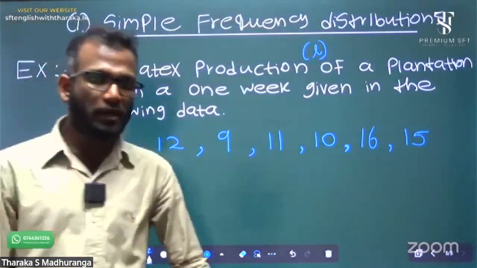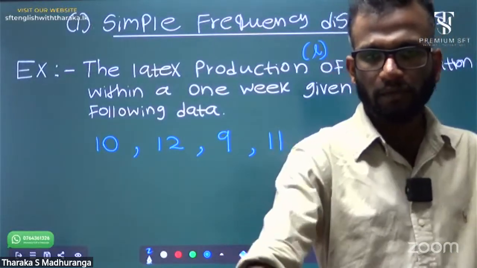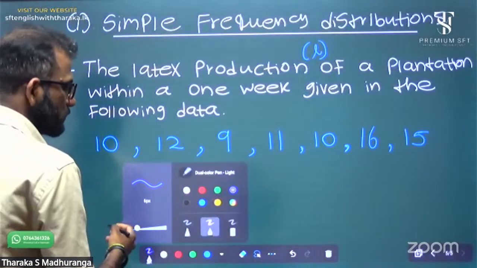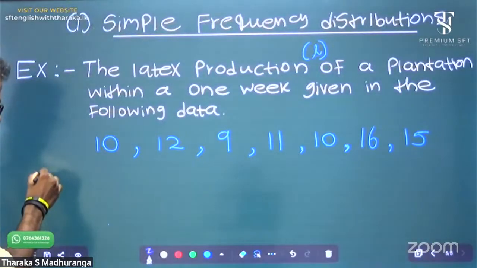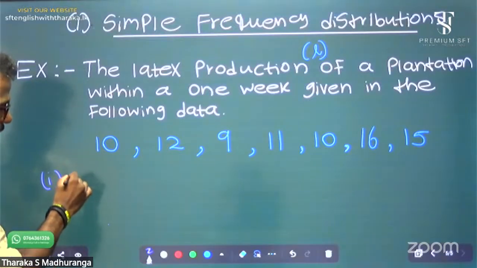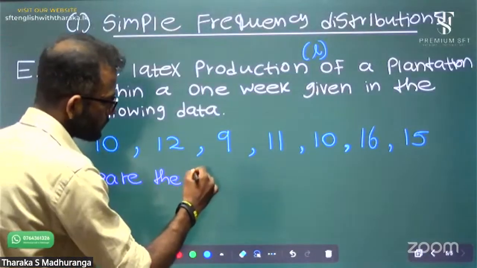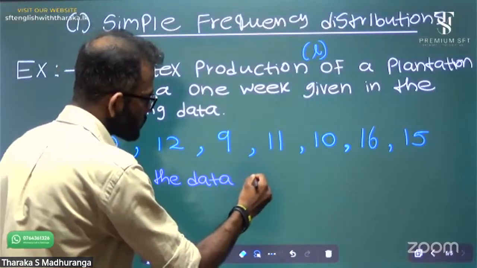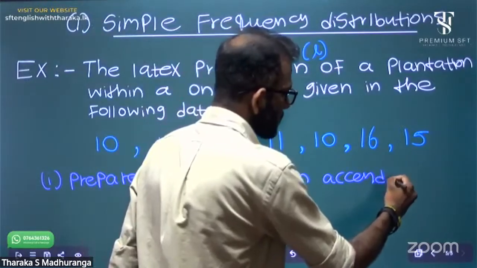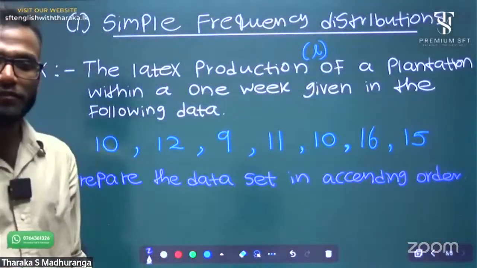Okay. Part number 1, first part: prepare the data set in ascending order. Okay, this is the first part.